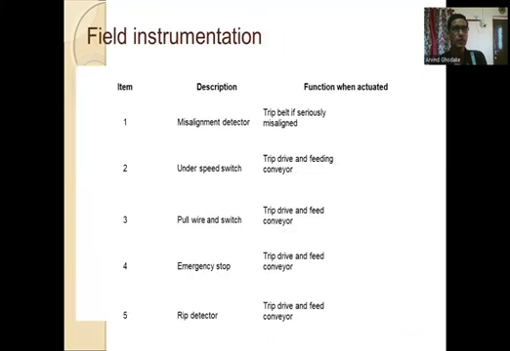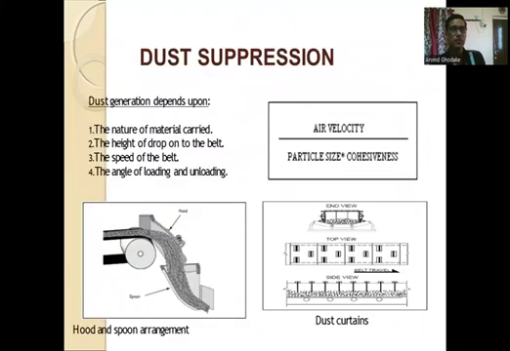Then field instrumentation, description and function when actuated: misalignment detector, under speed switch, pull wire and switch, emergency stop and rapid rip detector. So these are the control units for proper working of the belt conveyor system.